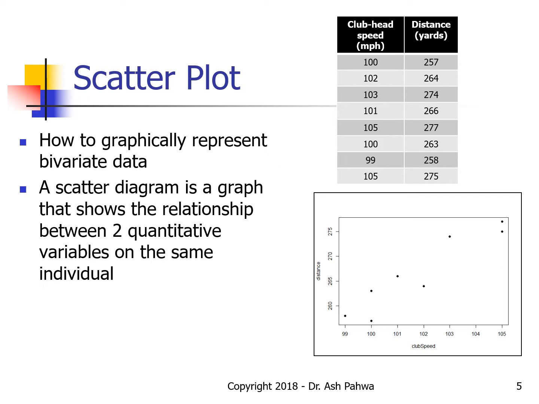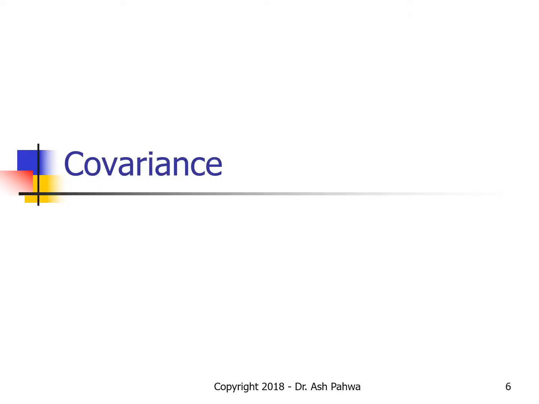So based on this observed data, we are going to build a plot. Plots of this type are known as scatter plots. On the x-axis, we plot the swing speed, and on the y-axis, we plot the distance traveled. So now we can see there is a specific relationship between these two quantitative variables in our scatter plot. Now, as you may recall, we discussed variance in the previous lesson.